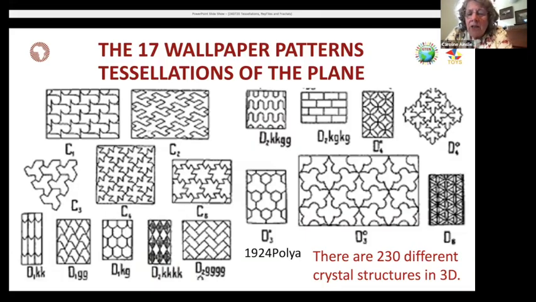So just like there were, I think, 7 frieze patterns, there are 17 wallpaper patterns. Now we're covering 2 dimensions, we're going up, we're going across on a flat surface, but there are only 17 tessellations, and you can see them all there, and the ways of describing them are written on that slide.